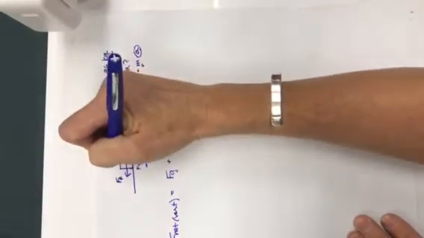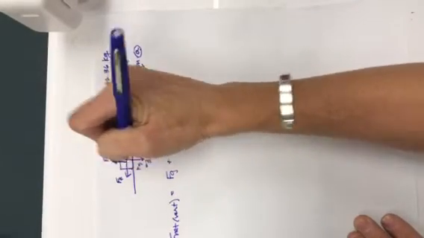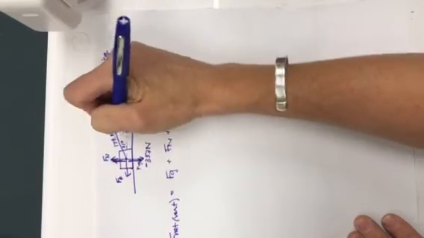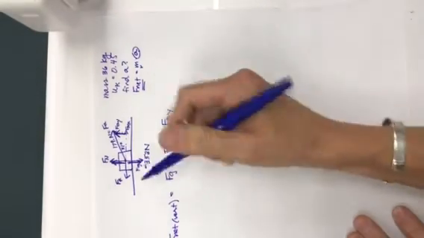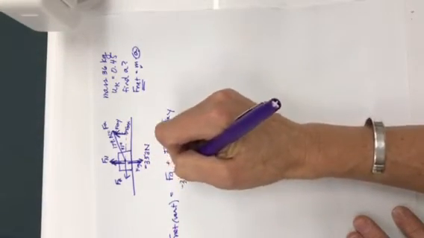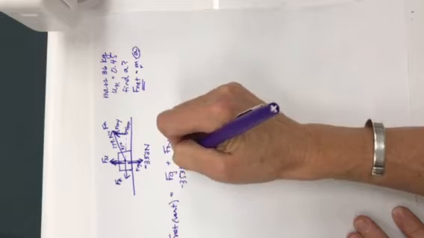So let's mark that in blue. Okay, so those are my vertical forces. Right now we know F_G, which is negative 352. We're going to say 353.